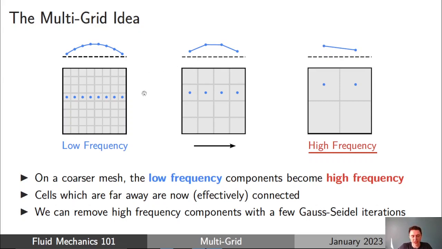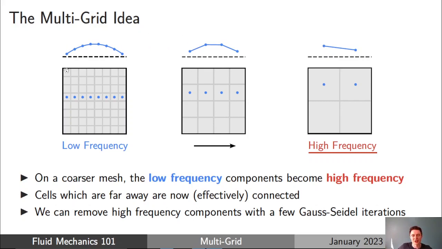What we notice is that if we take the same geometry, but we move from a very fine mesh to a coarser mesh, and if we plot the error across the mesh, the low frequency components now become high frequency, because if there's an error on one side of the mesh and a different error on the other side of the mesh, once we coarsen the cells and bring them next to each other, the variation between those two positions is now a high spatial frequency. So if we move to a coarser mesh, we're effectively connecting regions of the mesh that are further away.